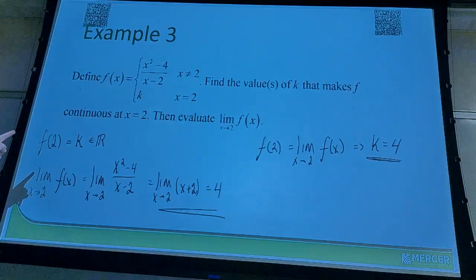K, right? But k is any real number, so clearly that exists. The limit has to exist. Limit's 4. That exists. Excellent. Third and final condition, f of 2 has to equal the limit. So f of 2 is k. That has to equal 4, so k has to be 4.